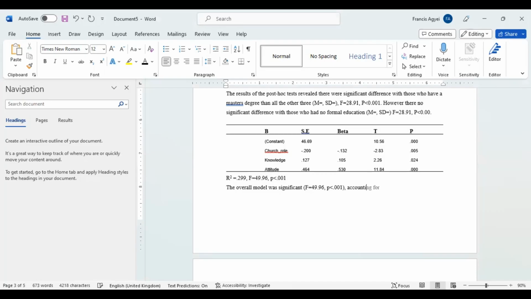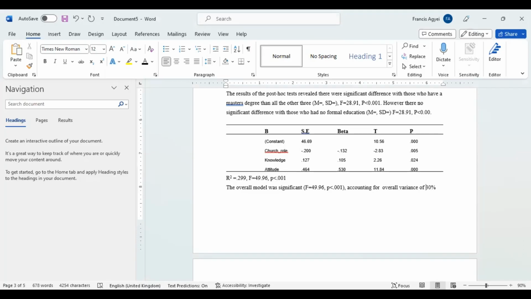Accounting for, then we'll quote our R value. So we'll change the R value to percentage, accounting for, so this is 0.299, so you can change it to 30%. Accounting for overall variance of 30%.